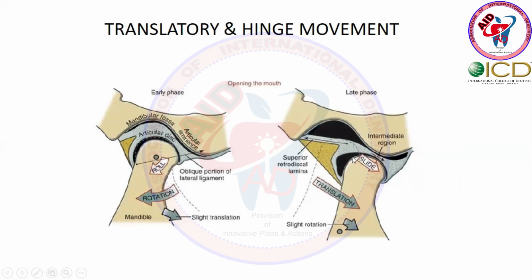When you open the mouth wide and it comes to the translation movement, then it is moving anteriorly. This is the anterior part of the disc, which is 2 mm, which is the middle portion of the disc. This is 1 mm, and that is the posterior limit of the disc, which is 3 mm.